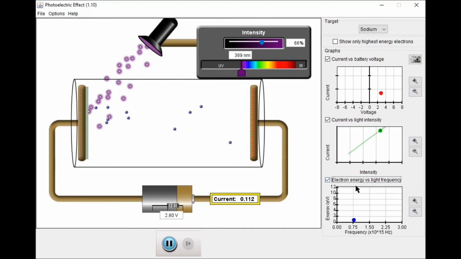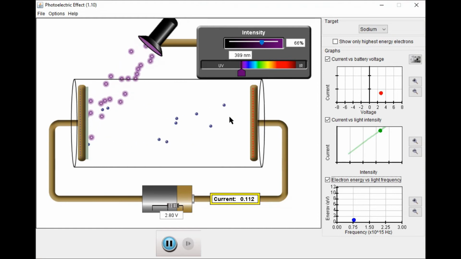The last graph is a graph of energy versus frequency. And so we know that there is a minimum frequency that has to exist in order for those electrons to make it across, because the frequency is what determines the energy.